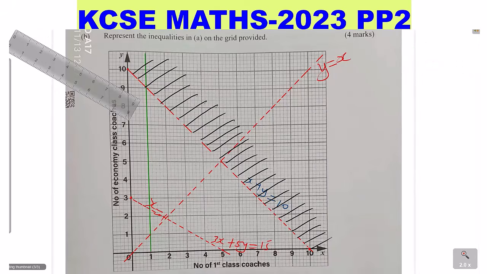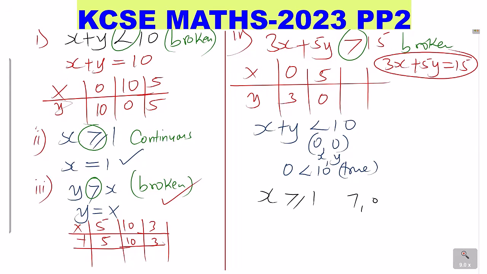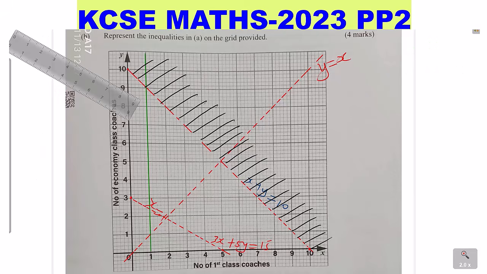For example, if I pick a point like 7, 0, x is 7, y is 0. You can see it is satisfied: 7 is greater than or equal to 1. So the right hand side of that line satisfies x is greater than or equal to 1. Automatically the left hand side is the unwanted side, so we shade the left side of that line.